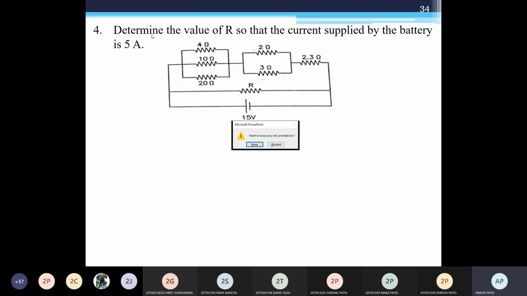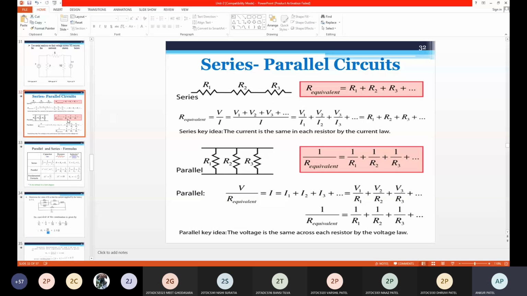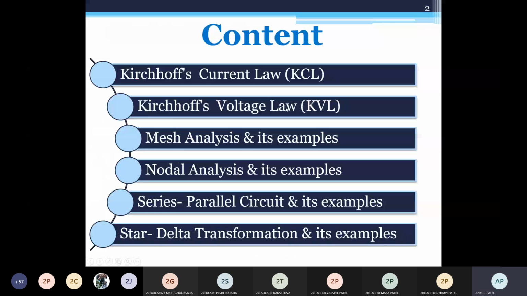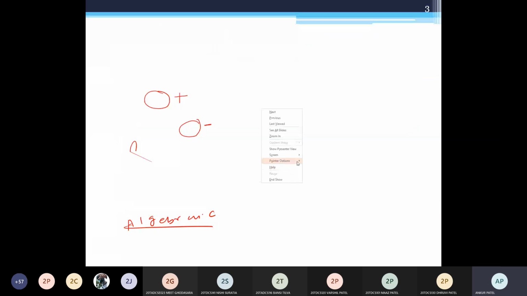Okay, I am starting again. Suppose I am applying V is equal to V1 plus V2 plus V3, so V1 across R1, V2 across R2, V3 across R3.